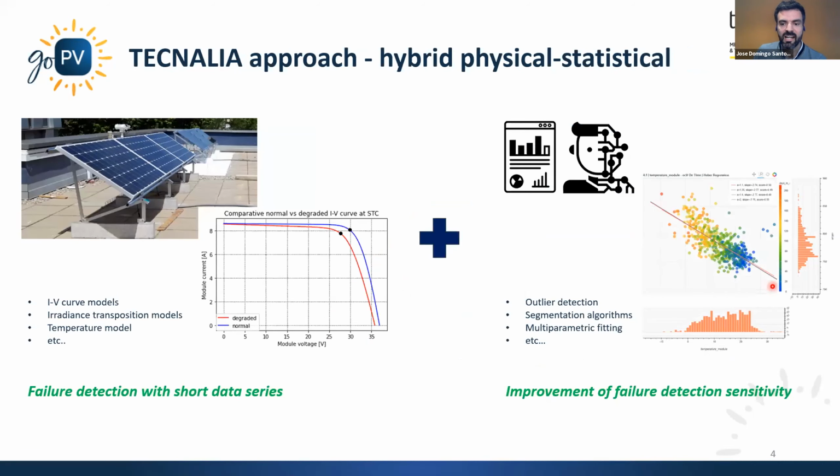Specifically, the TECNALIA approach is a hybrid physical statistical. On one hand, it takes advantage of pre-existing models used in photovoltaics that allow the detection of failures even with short data series. On the other hand, it uses different data-driven techniques to improve the reliability of the results and the sensitivity of the failure detection.